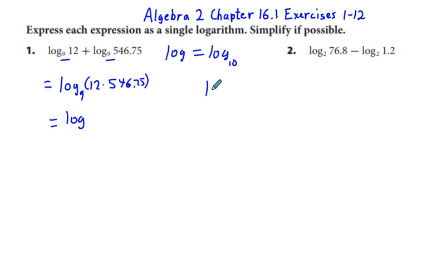Whenever you see ln, that's assumed to be log base e, e being Euler's number, about 2.718. So we're going to take log of 12 times 546.75 over log of 9.